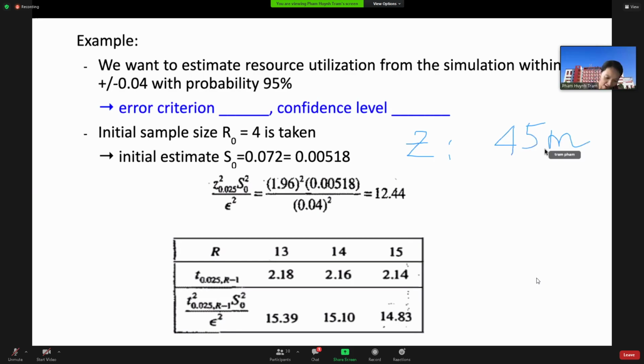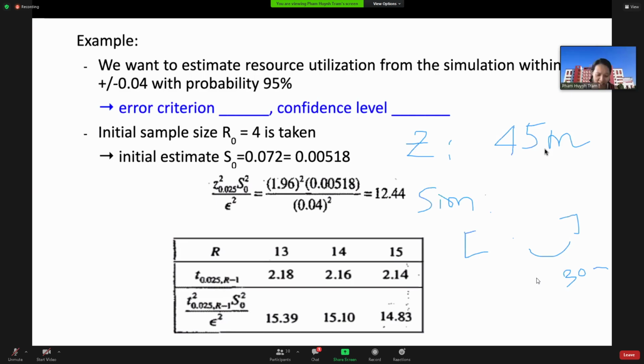Then in our simulation, we estimate the average waiting time, and the half width of the range we estimate is about 30 minutes, plus or minus 30 minutes precision. Then it would be too wide.